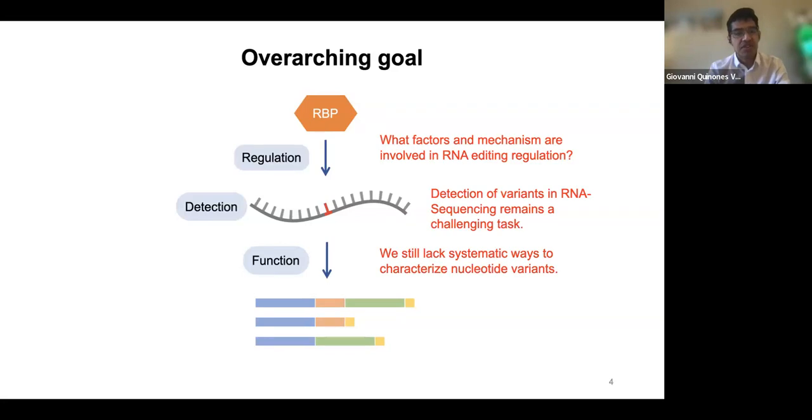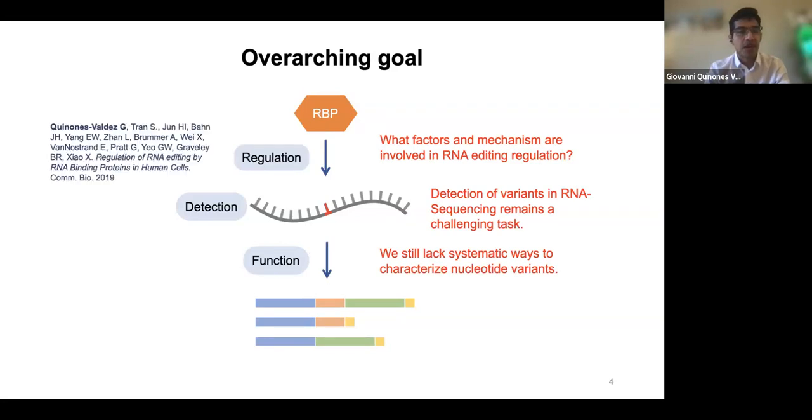To address these questions, I'm going to talk about these two works. The first one looks at the regulation of RNA editing by RNA-binding proteins, and the second one talks about a new method that we published called scAllele, which deals with the identification and functional analysis of variants.